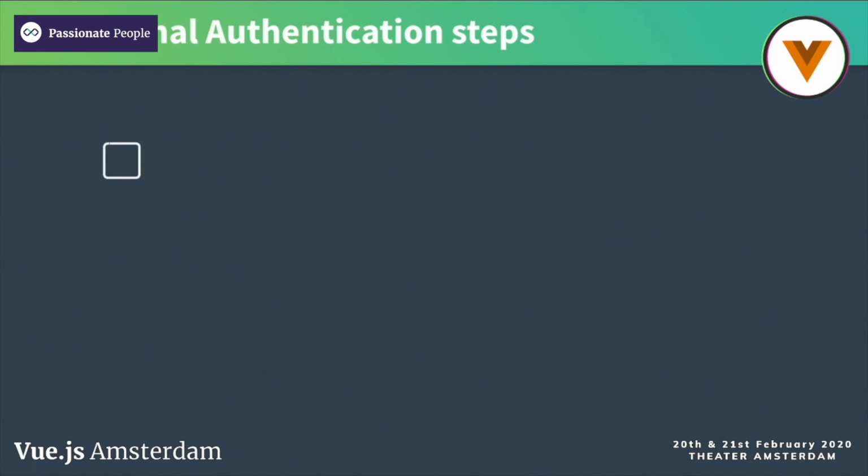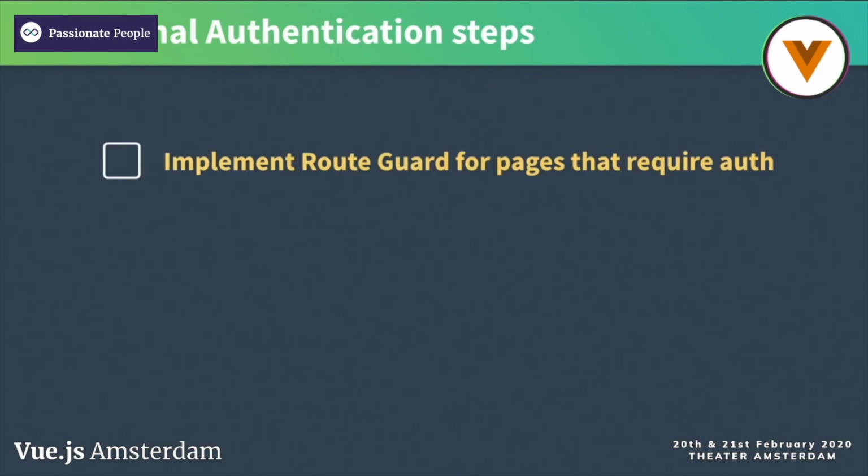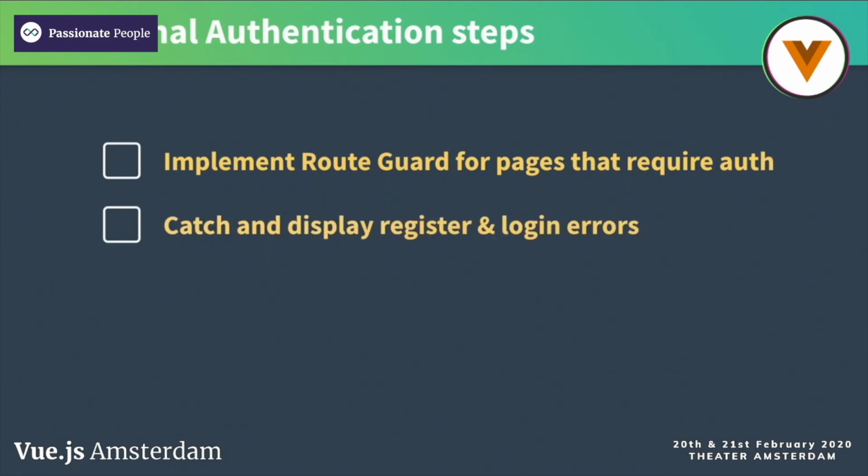One of those steps is to implement a route guard for pages that require auth, such as this dashboard, so the user can't even get to that page if they're not logged in. We also want to be catching and displaying errors. The user might be trying to register with an email that already exists or logging in with the wrong password. We want to catch and display those accordingly.